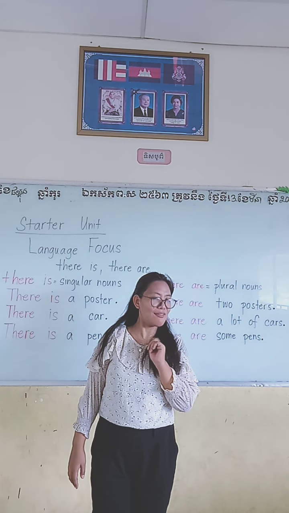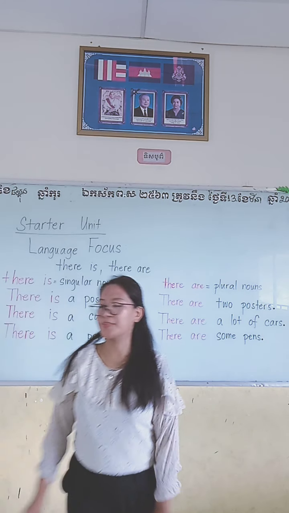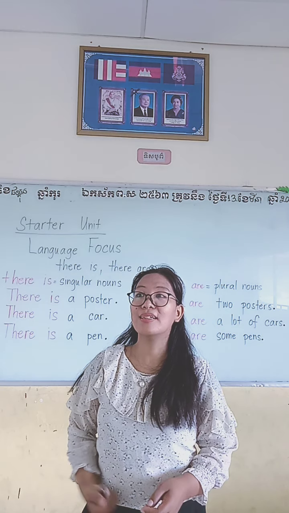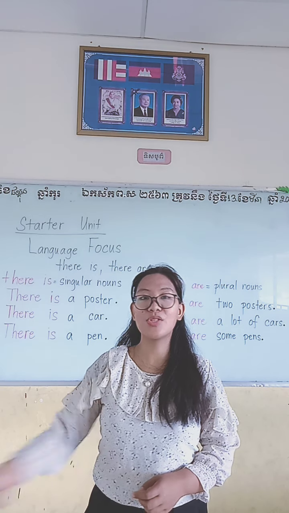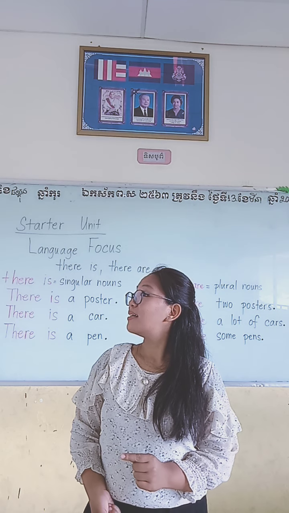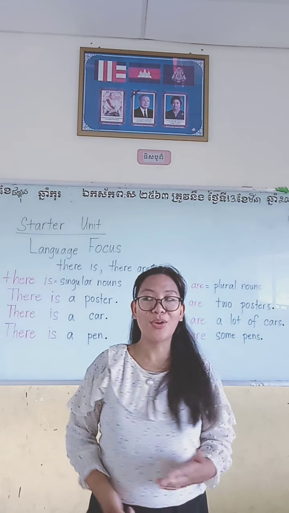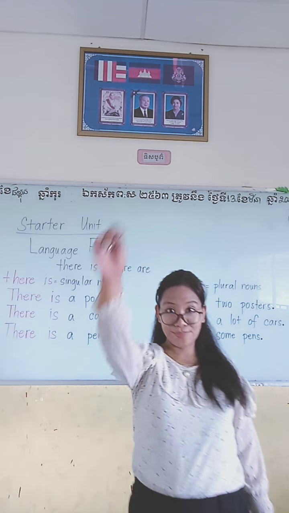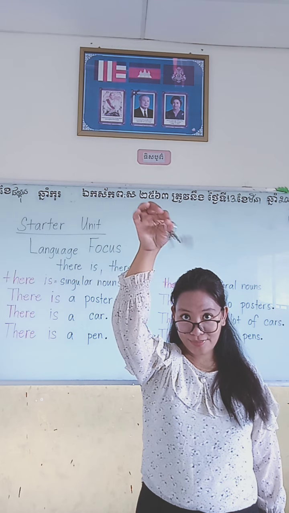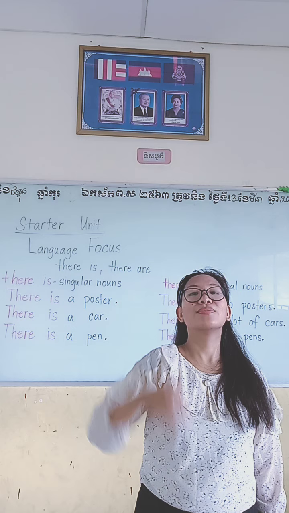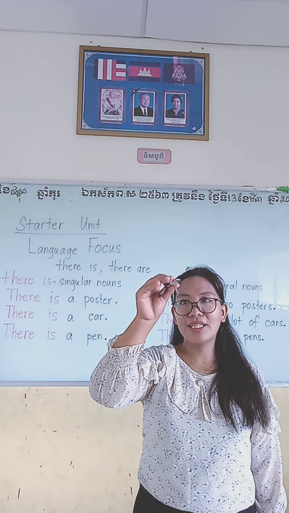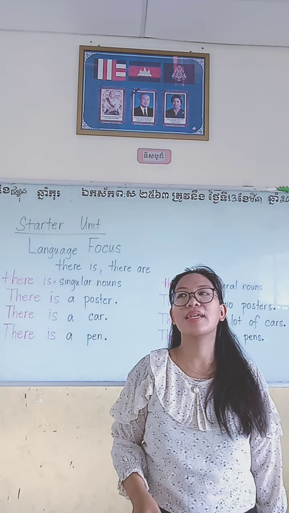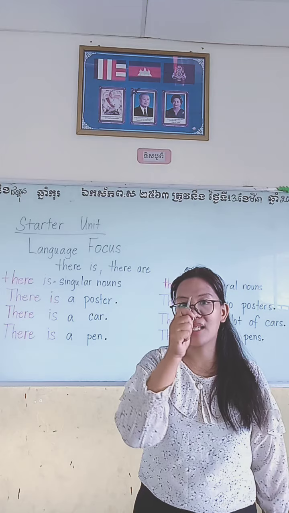Now, let's see if you still remember how to use there is and there are. Let's have a little exercise. I'm going to show you some objects here, and you have to try to practice if you're going to use there is or there are. Okay, example. We call this a bunch of keys, but I will say keys. If it's only one, it's a key.